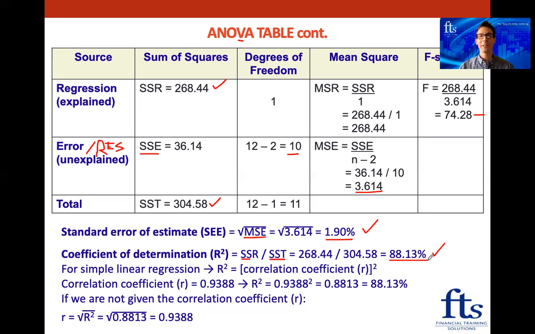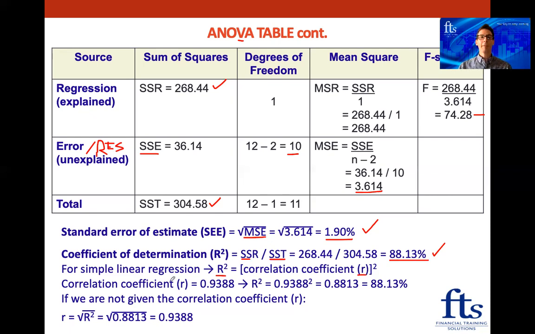Very good model. Okay, so now we also need to learn something here: with simple linear regression, our coefficient of determination, the R squared, is the same thing as the correlation coefficient squared. And remember the correlation coefficient from way back, its symbol is lowercase r.